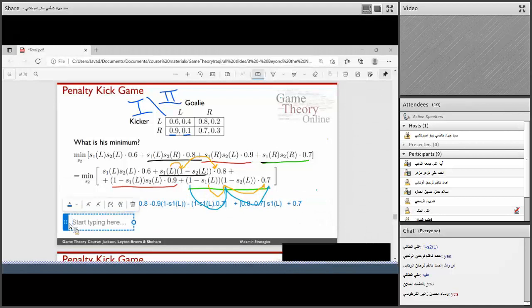So this is going to be equal to S2 of L times, we got 0.6 S1 of L minus 0.86 S1 of L. So that would give me minus 0.2 S1 of L. And then we got 0.9 S1 of L, which gives me plus 0.7 S1 of L. And then we got minus 0.9.